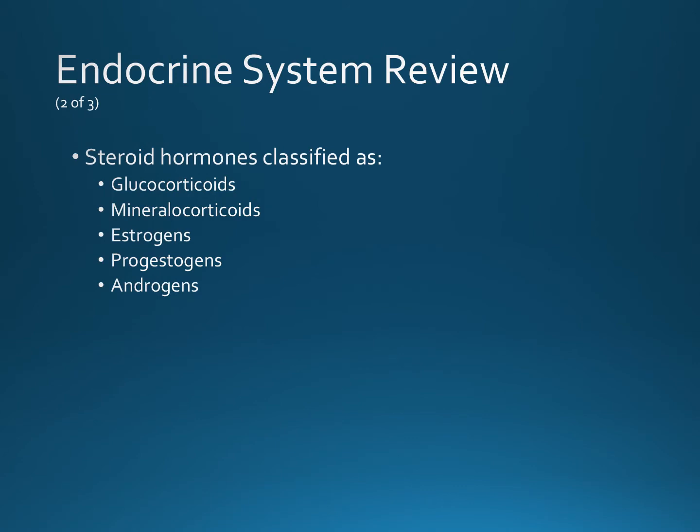So, endocrine system review. We're going to start off by reminding you that steroid hormones can be classified as a couple different things: glucocorticoids, mineralocorticoids, estrogens, progestins, and androgens. And a little review, androgens are male sex hormones.